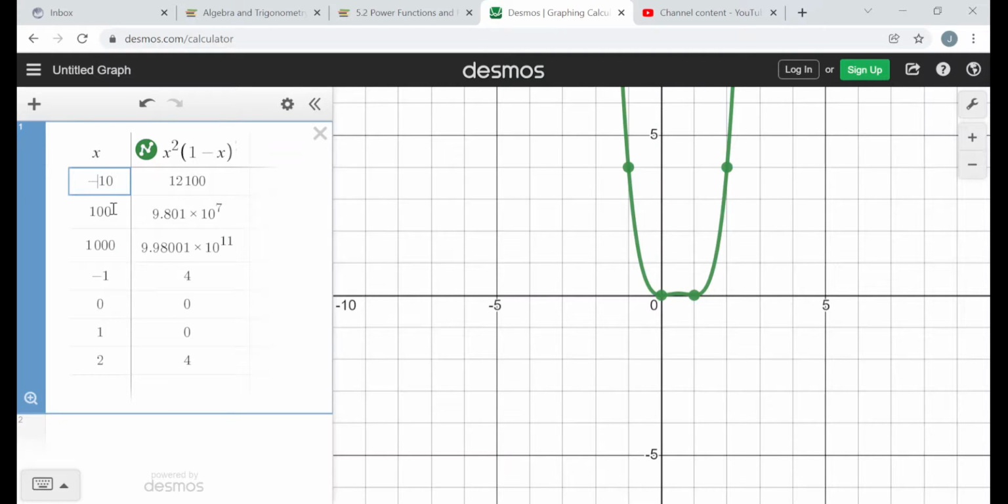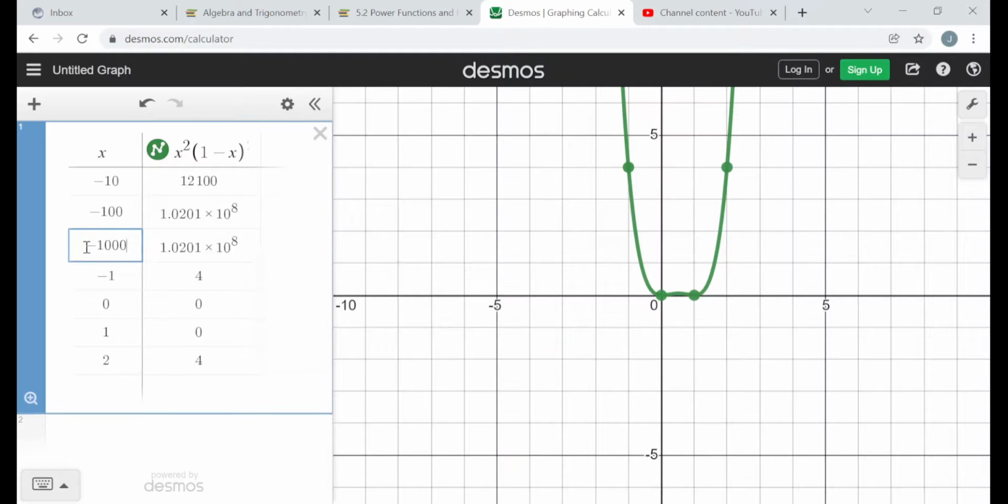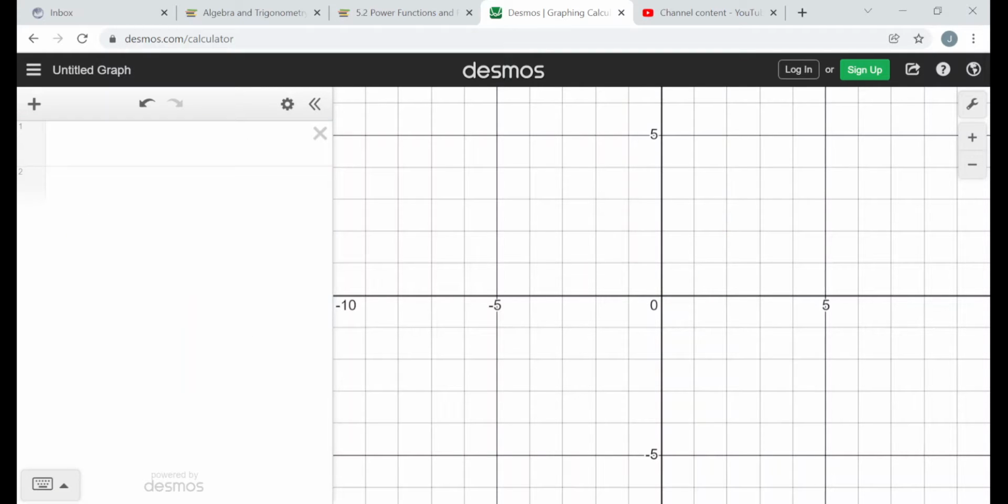If I just make all these negative, negative 10, negative 100, negative 1,000, you see the outputs are still big and positive, and they're getting bigger and more positive. So as x goes to negative infinity, as you go to the left, the graph's going up. All right, so this table does verify what I've stated about the end behavior on my paper, and you could see it in the graph there as well before it disappeared.